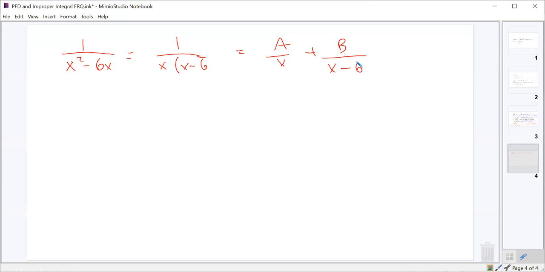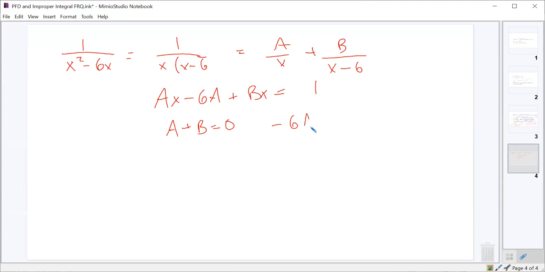And then we would just multiply the a by x minus 6, so ax minus 6a, and then plus bx should be equal to 1. a plus b equals 0, because there's a plus b x on the left and 0x on the right.